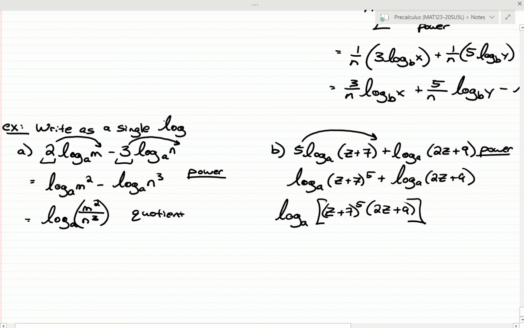Last example for this section. These are fun. They're like a big puzzle. Given the log base 10 of 2 is equal to 0.3010 and the log base 10 of 3 is equal to 0.4771, find the log base 10 of 6.